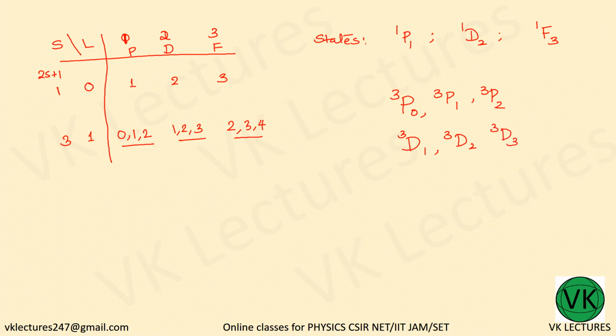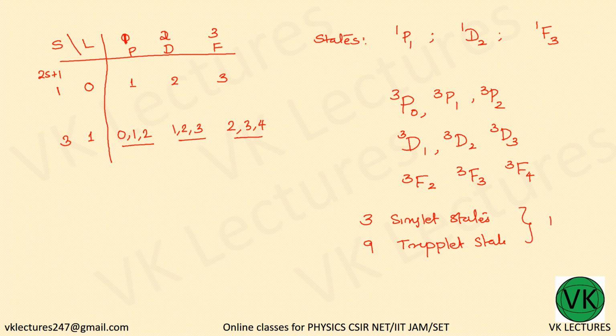Again for F, triplet state, 3F2, 3F3, 3F4. So there are 3 singlet states and 9 triplet states. Together you have 12 states.